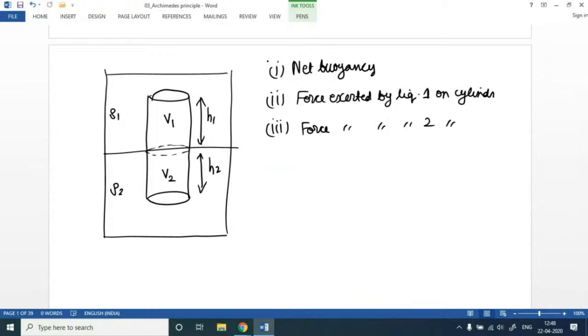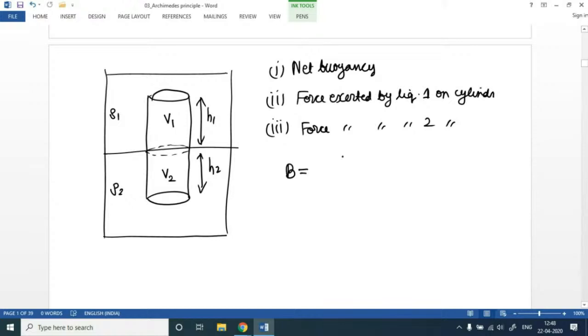Although this question is very, very simple, I have taken it because generally people make mistakes in answering it. The buoyancy, as we have discussed, is equal to the net force exerted by the surrounding liquid on the submerged body, and that is equal to the weight of liquid displaced. You can see directly how much of liquid 1 is displaced.